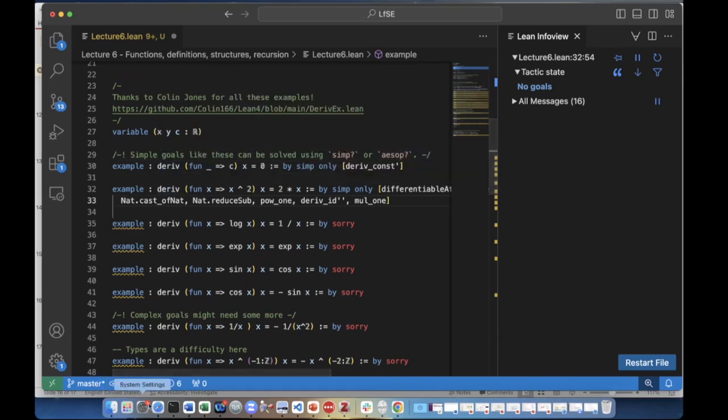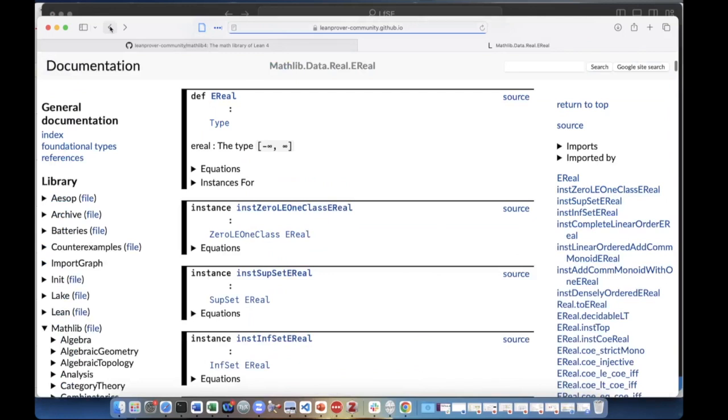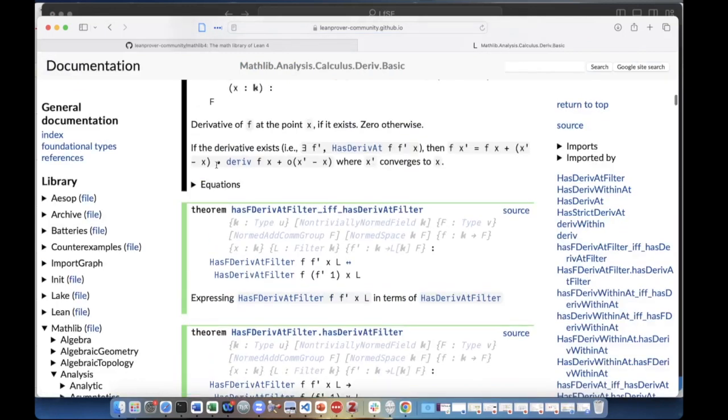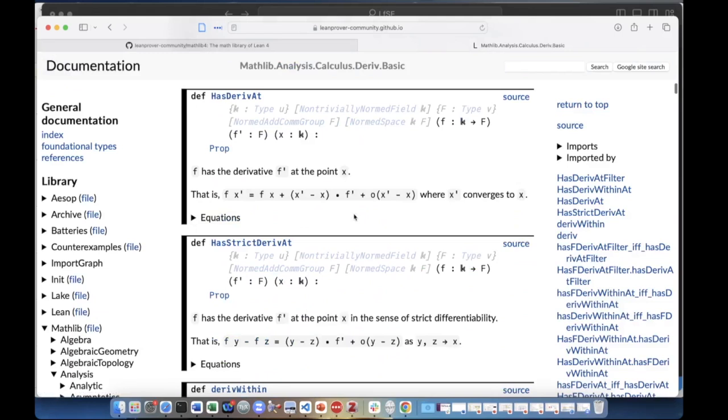And let me feel like hopping over to mathlib. Let's go to deriv so you can see where this is coming from. So here is deriv in the mathlib documentation, and has deriv at is a function. Let's look at that thing, okay? This is has deriv at. It simply returns f has the derivative f prime at the point x.